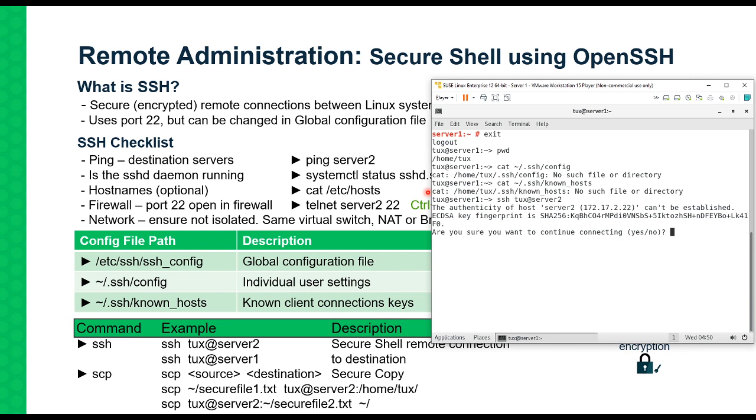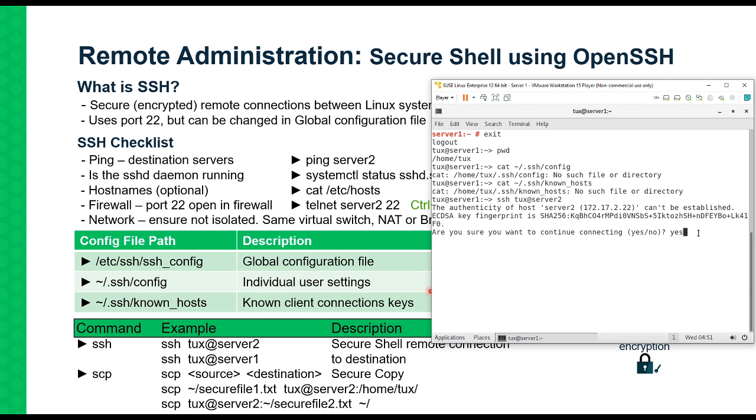And it asks us that we need to ensure that there's a trusted connection between the two. Now this is the easy way of setting it up. So we'll say yes. We type in the word yes. And it will now create on the destination server this folder specifically. Not any individual settings because we haven't configured anything, but it will definitely create us the known hosts.